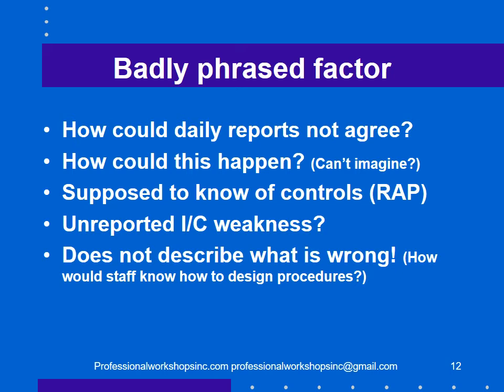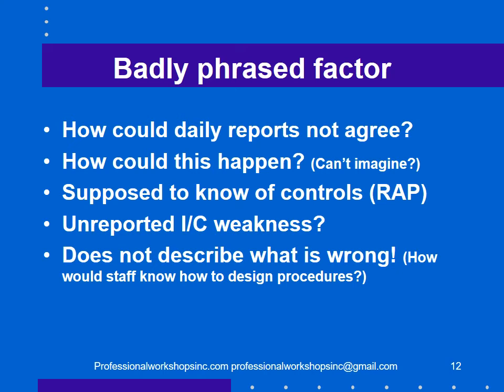So it's a badly phrased risk factor. And as I said, how could it possibly be that the reports don't agree? I've tried to imagine how that could happen, and I can't come up with a suggestion of how that might happen. Now, we're supposed to know about the controls. We're supposed to have done risk assessment procedures. And based on what I see clients of mine doing, again, I can't see that happening.